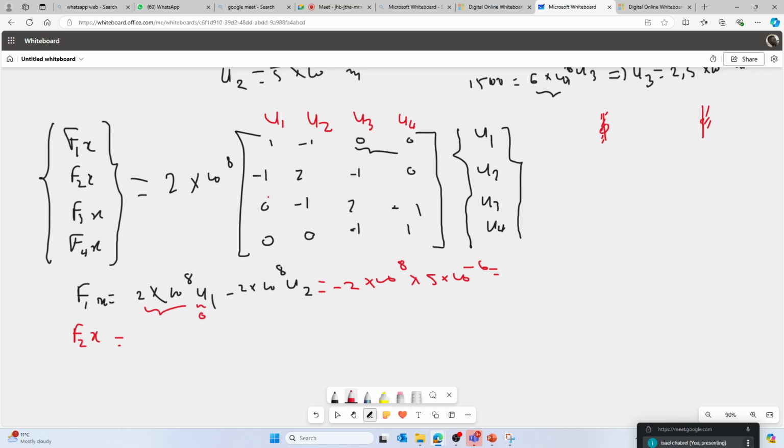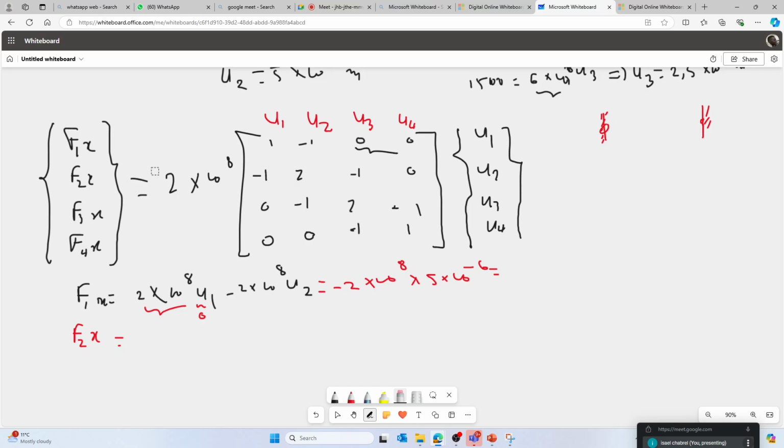So for the second one, my guys, you do the same thing. You also have 2 times 10 to the 8 multiplied by u1, but this one is negative. You don't have to continue, guys. To avoid multiplying a lot, you know that u1 is 0, so it means that this first part you don't have to write.